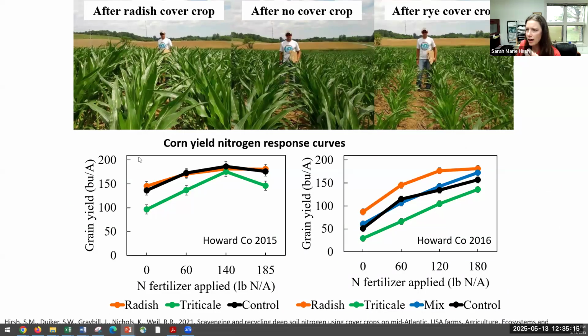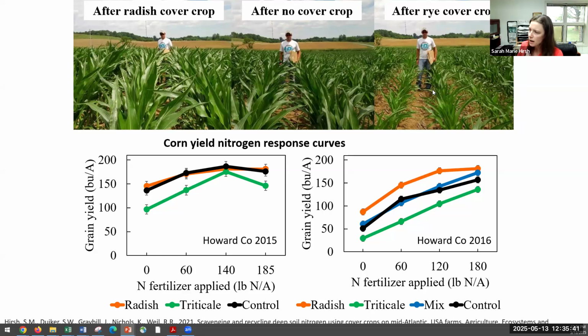And this is just showing the end of the cycle. So not only are we preventing nitrate from leaching away, but it is going to then decompose and help the following corn crop. So this was a trial in Clarksville, Maryland, where you could see after no cover crop versus after the radish cover crop, and then after the rye cover crop.